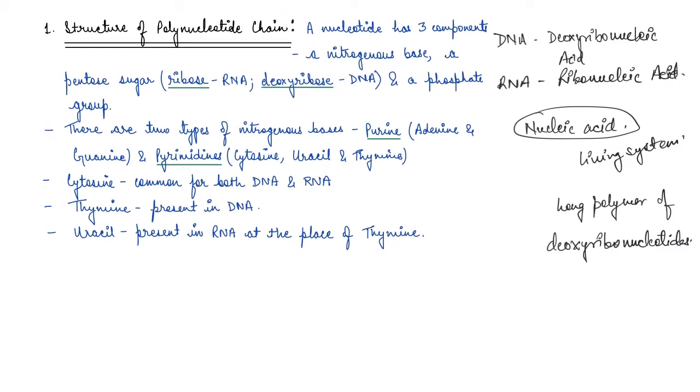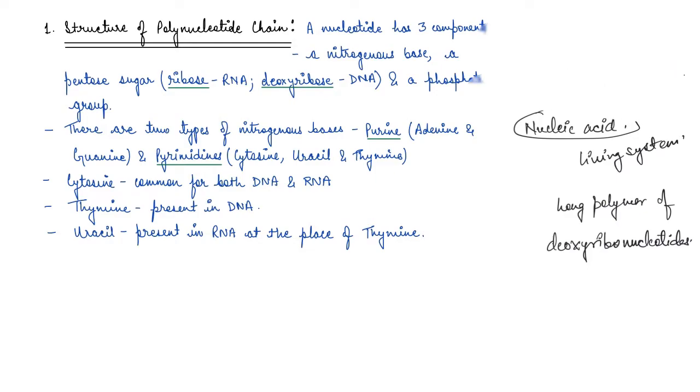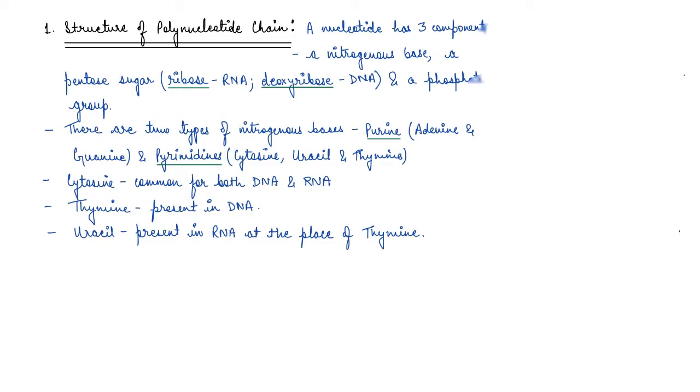Now, what is the structure of this polynucleotide chain? The structure says that any nucleotide has three components. One is a nitrogenous base. Then we have a pentose sugar.